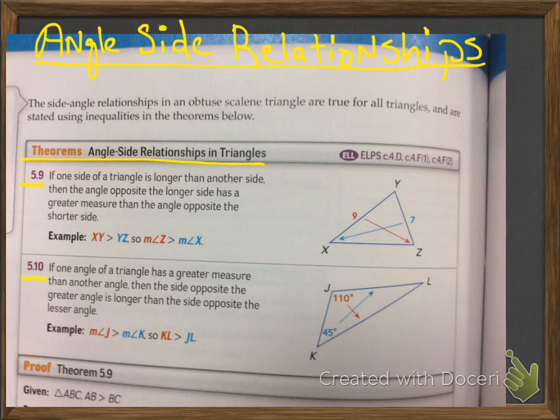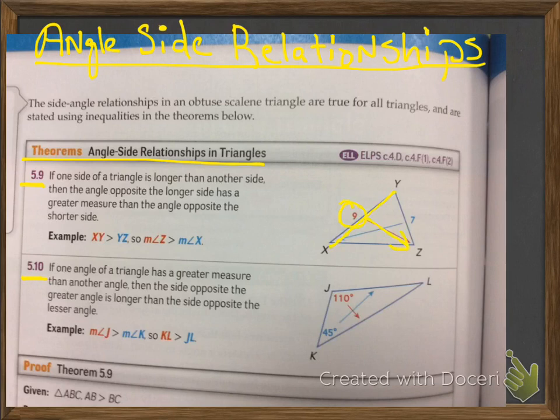The next part is angle-side relationships. I'm not going to spend too much time on this because it's pretty self-explanatory. You can see the theorems. The theorem is basically saying that the side opposite an angle corresponds to that angle.